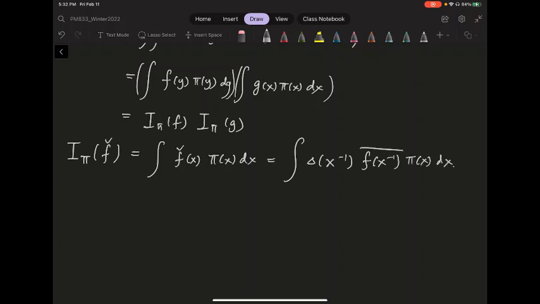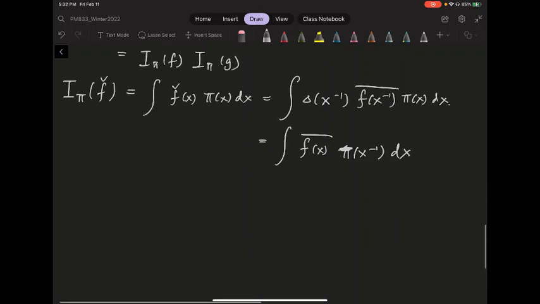Because of the modular function, I can rewrite this whole thing by removing the x inverse and changing it to x. So this is just the integral of f of x conjugate, and then pi of x inverse, and then dx.